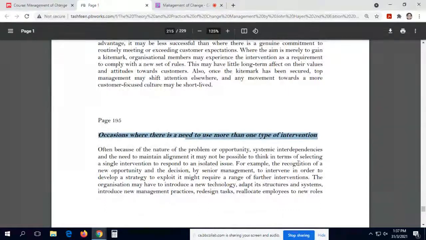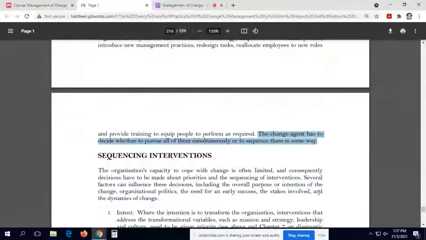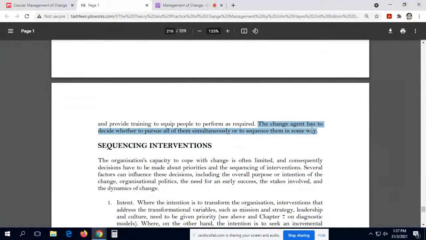Look at this. Occasions where there is a need to use more than one type of intervention. If you can recall, in the early part of the discussion, we were talking about sequencing. What should be the sequence of various interventions? Number one, number two, number three. You want to be mindful of that. Pay attention to this, because I think Tanisha raised a question about change agent in the last discussion, which we all should reflect on in our own time also.